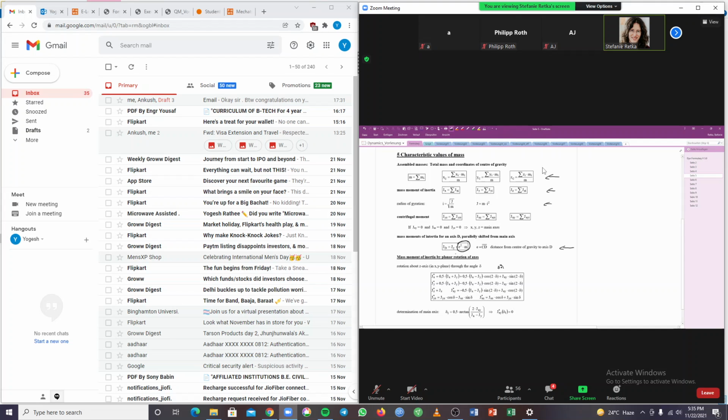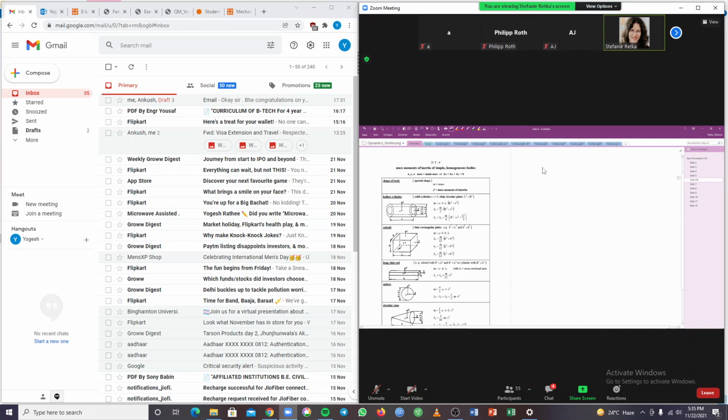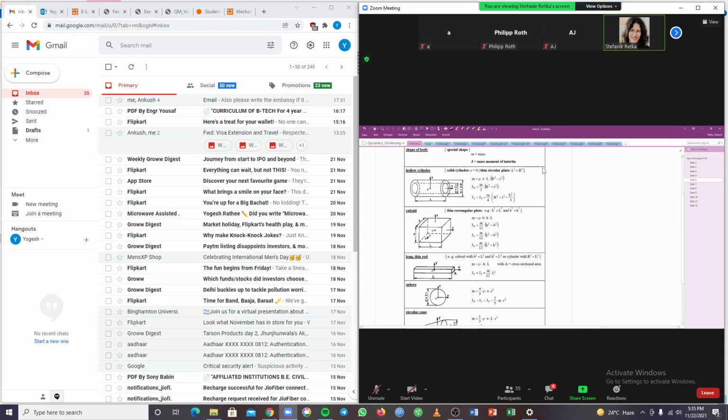What this is and how it's computed will be discussed in an example, because it will be much easier to understand than if we discuss this in theory. And here in the box, these are the equations in case of a planar rotation of a system. So these are our general equations. And on the next page, we have the table with the specific examples.